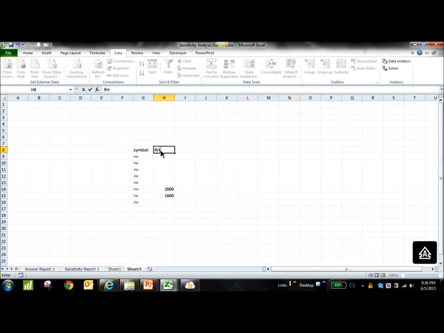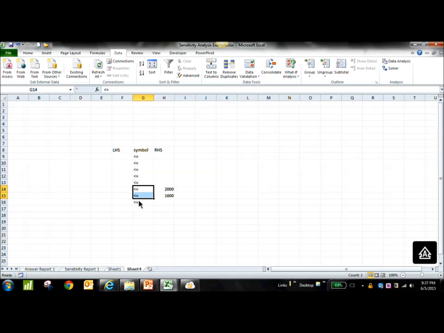This is the right-hand side, of course. Your left-hand side will have some sort of a sum product formula, right? Equals sum product on all of your constraints. Okay? And please make sure that this is the symbol you're going to use for the demand constraint.